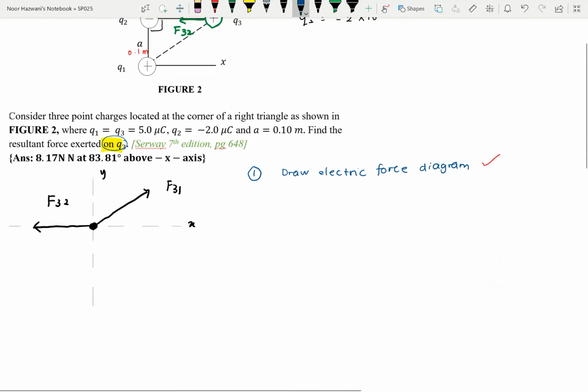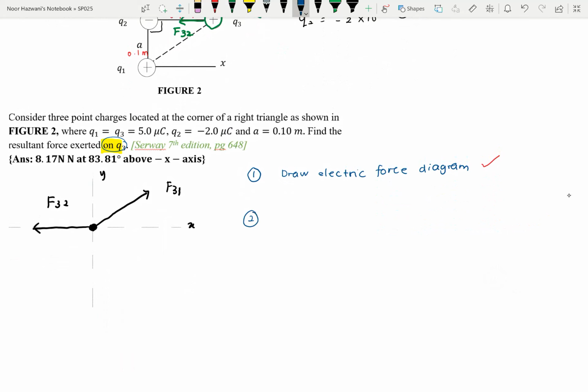Okay, step yang kedua, you have to find the magnitude of force. Okay, guna equation apa? Okay, guna equation F equals K Q1 Q2 over R squared. Okay, guna equation tu. Okay, since kita ada dua force, which is F31 dan juga F32.